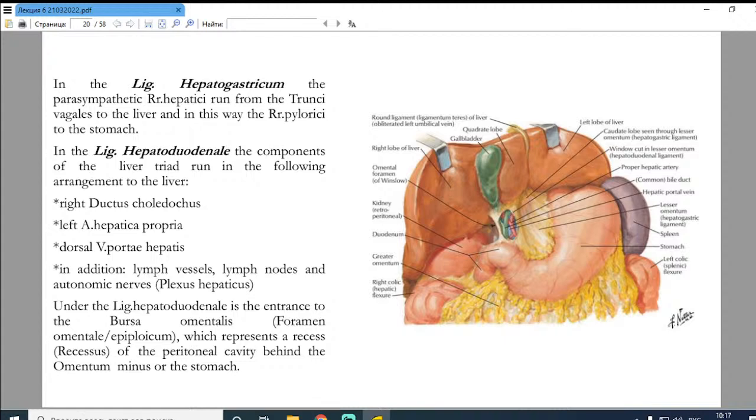This is the anterior surface; behind is the peritoneal cavity, behind the stomach. Omentum minus.